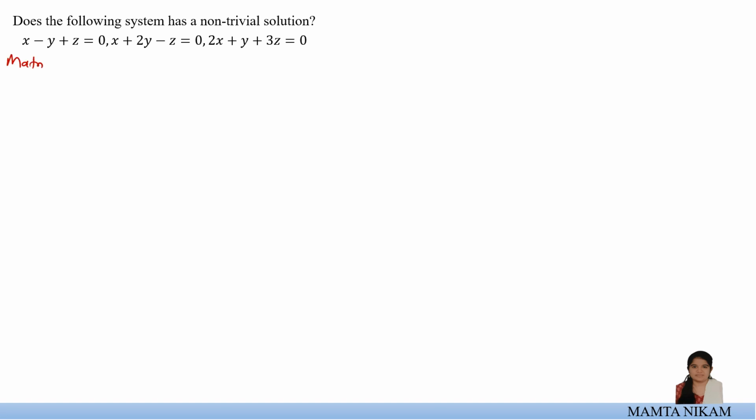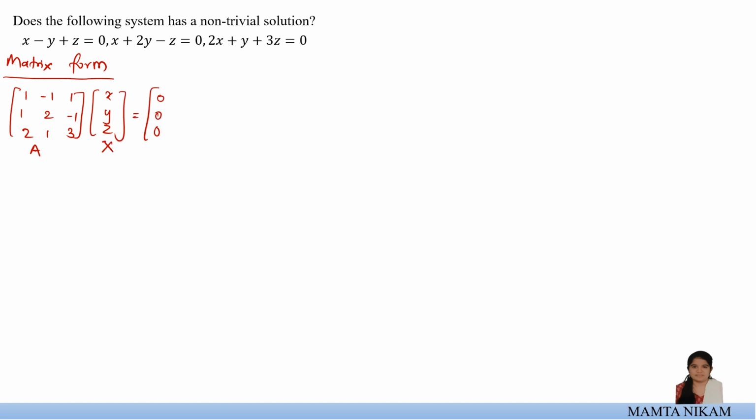So what will be the matrix form of this? 1 minus 1 1, 1 2 minus 1, 2 1 1. This is matrix A, x y z is matrix X, and this is 0 0 0, that is the null matrix.